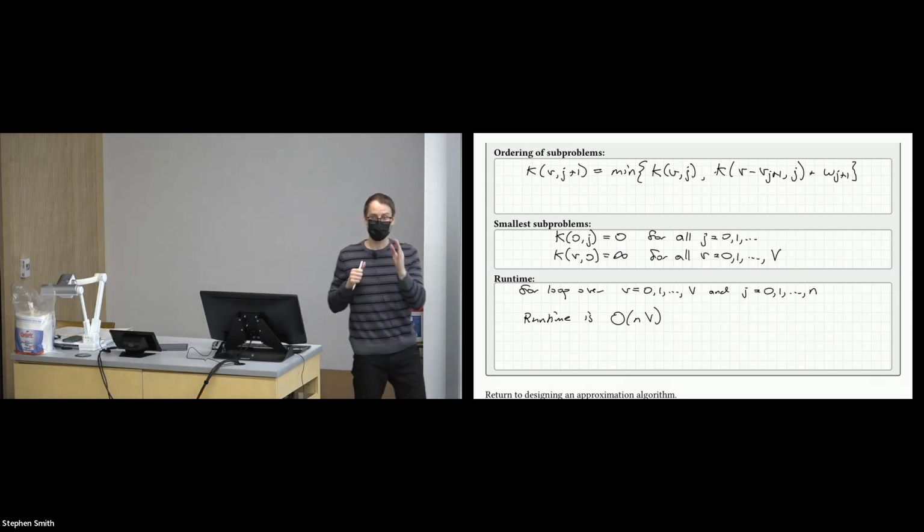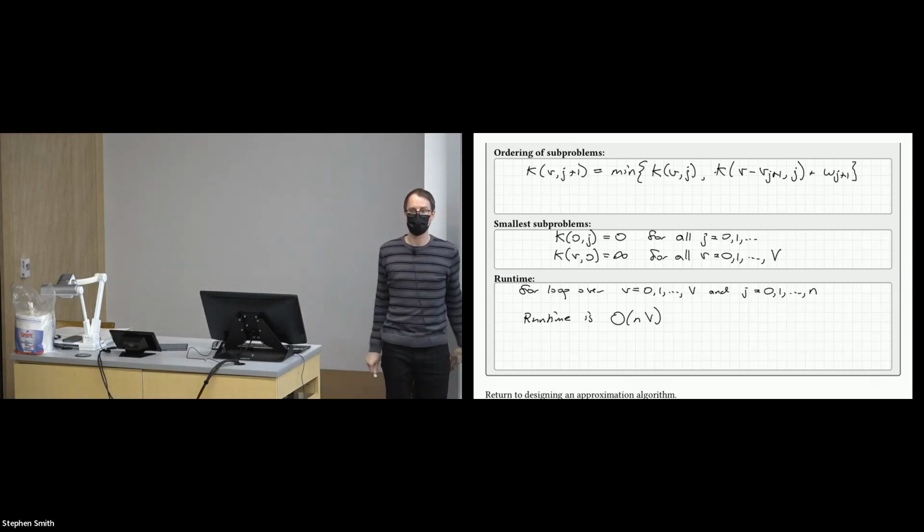And then the last question, maybe just to ask you, is, okay, I filled in this huge table. What's the answer now to the knapsack problem? Because the table's kind of weird, right? It's recording weights.